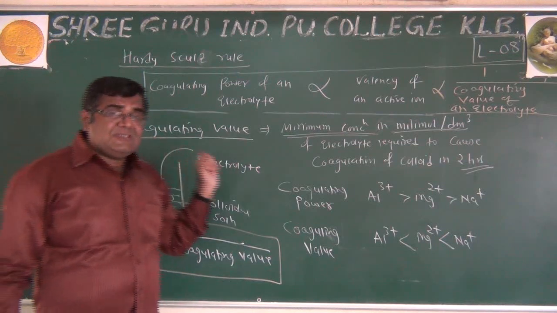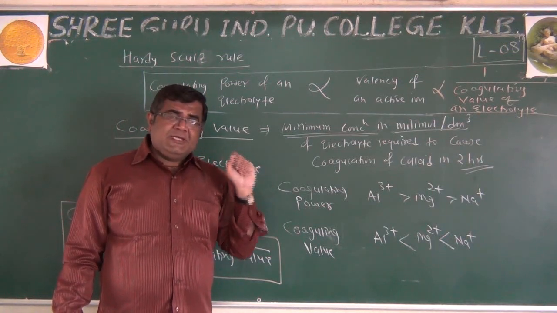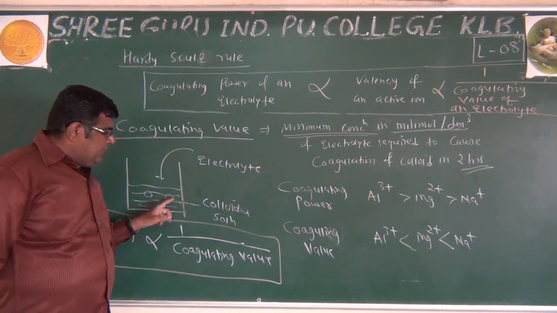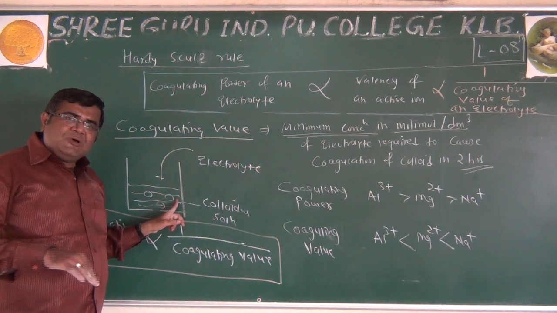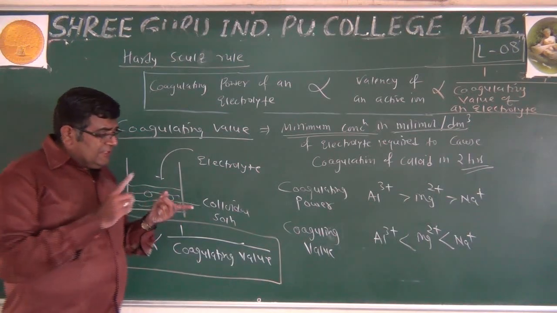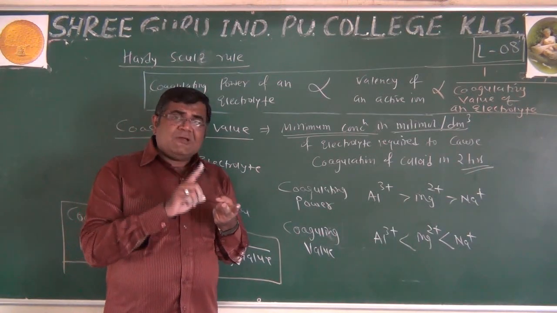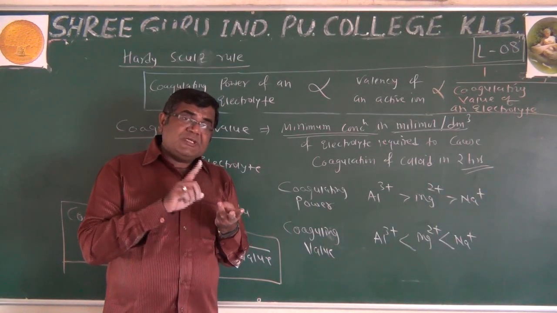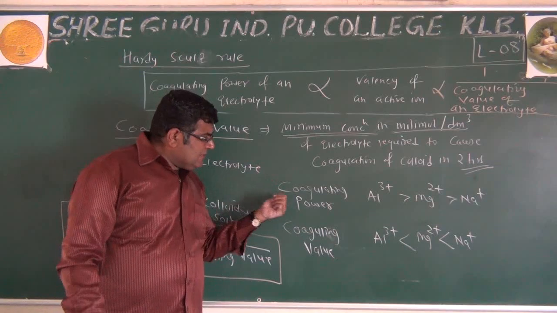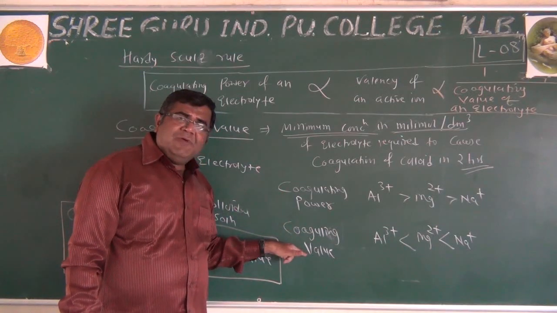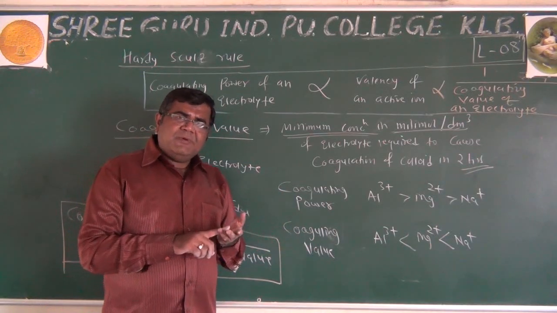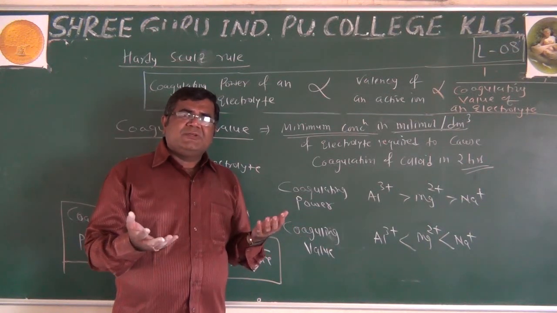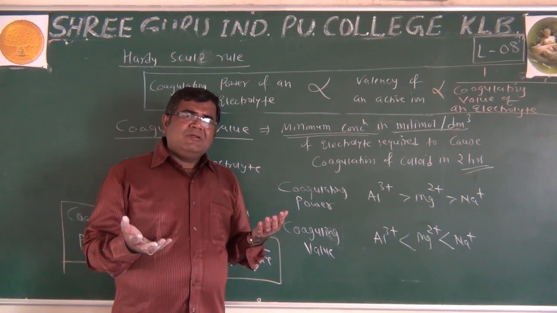So when a question is asked, you have to be very careful. First step, find out the charge on the colloid which is to be coagulated, positive or negative. Second step, take the decision on the active ion, whether positive or negative. Third step, read the coagulating power or coagulating value. And fourth step, of course, take the decision depending on the question, increasing order or decreasing order.